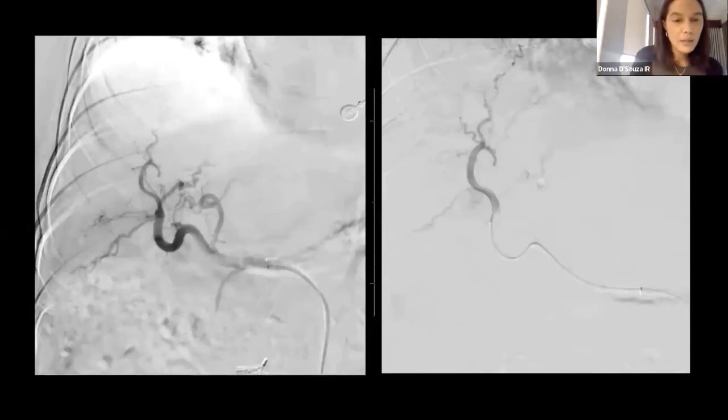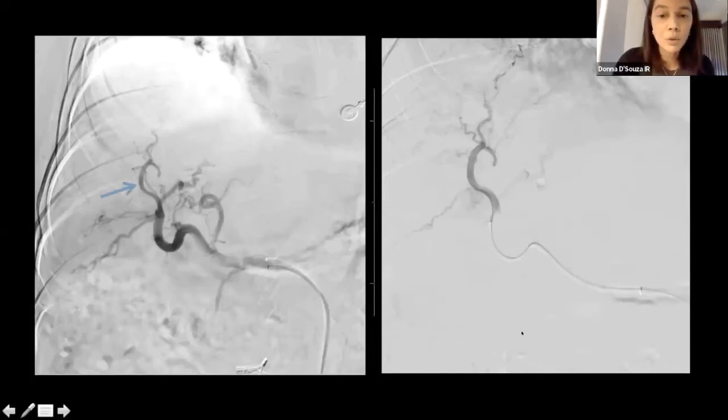The arrow is pointing to a segment 7 branch, which is the branch that's been catheterized with the microcatheter on the right. It was a non-tumoral but very prominent branch supplying segment 7 and not supplying the tumor, whereas all these other little branches just proximal to it were supplying the tumor.